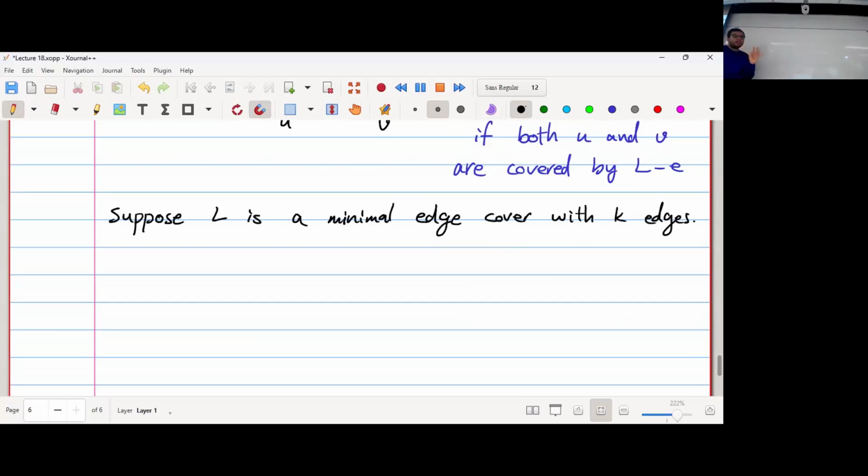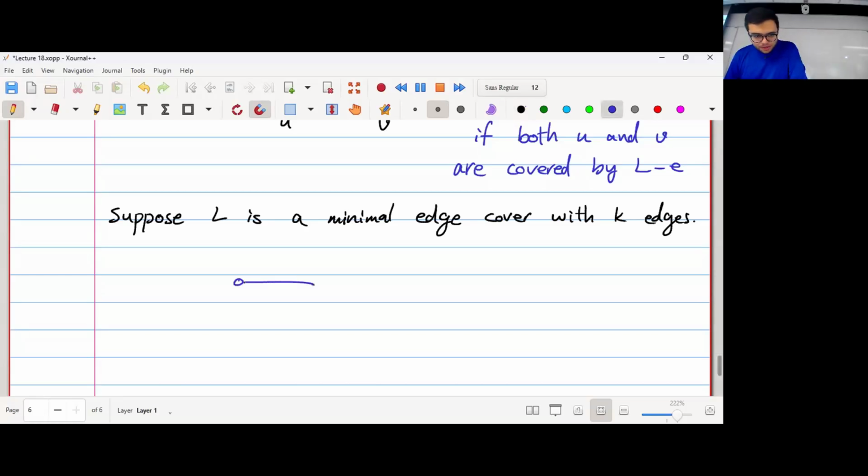If I only look at the graph that has the edges in L, how does that graph look like? So try to do an example on a piece of paper, or I guess on iPads. How would this graph look like?